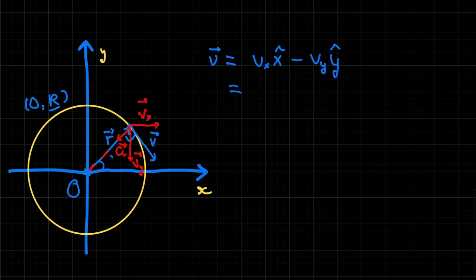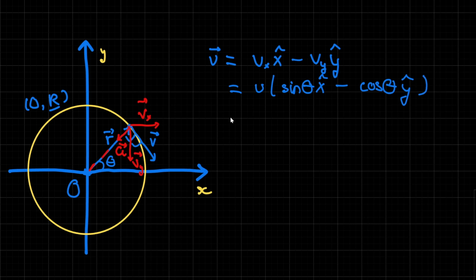Now I'll replace these. If I call this angle theta, I will have this angle also. So that'll be v, I'll put it outside. The x component is v multiplied with sine theta, right? Minus cosine theta y hat.